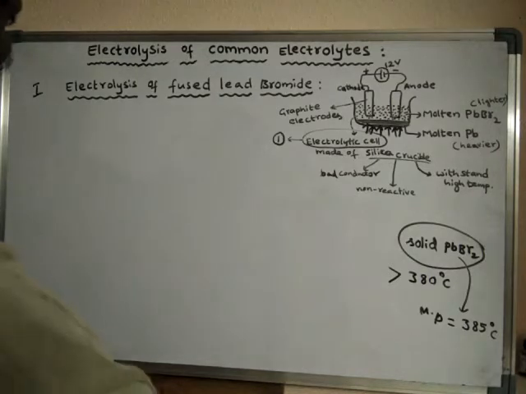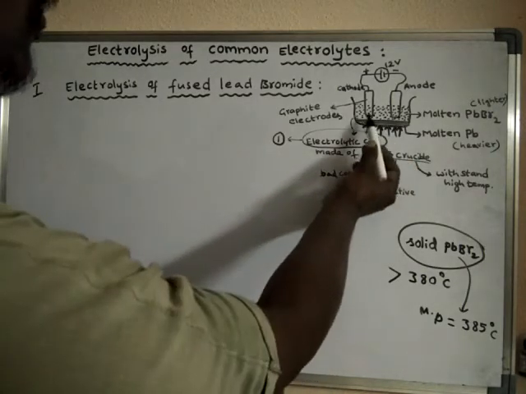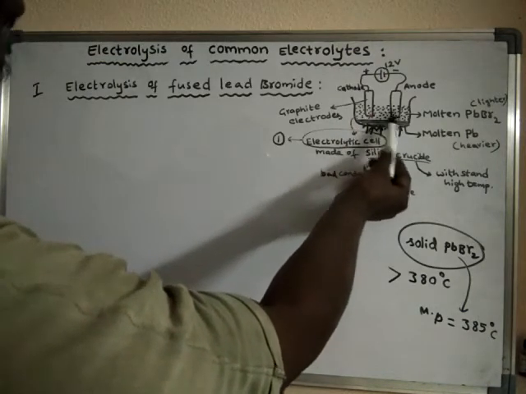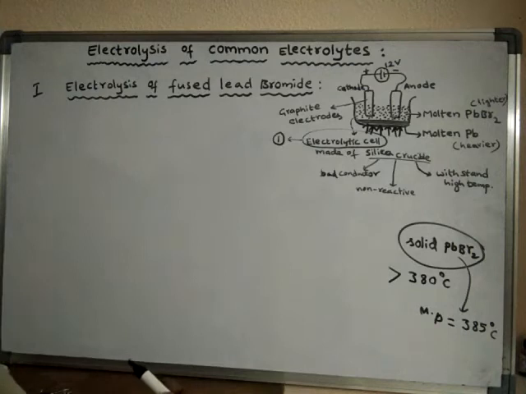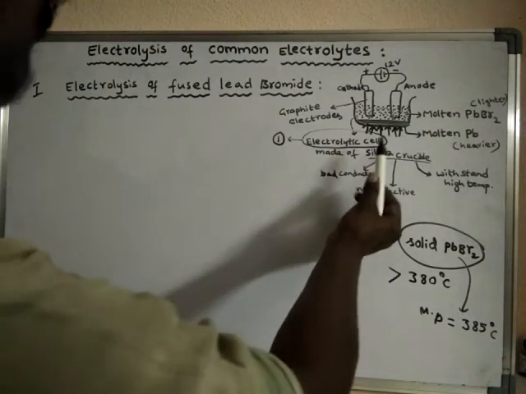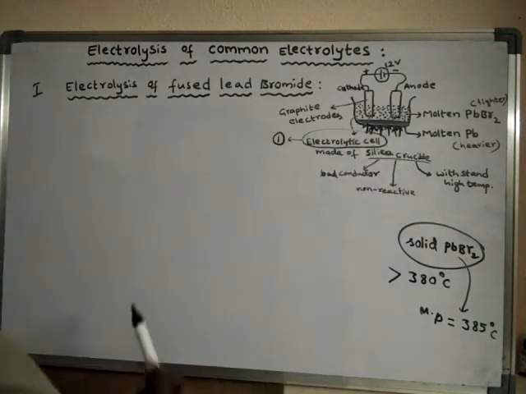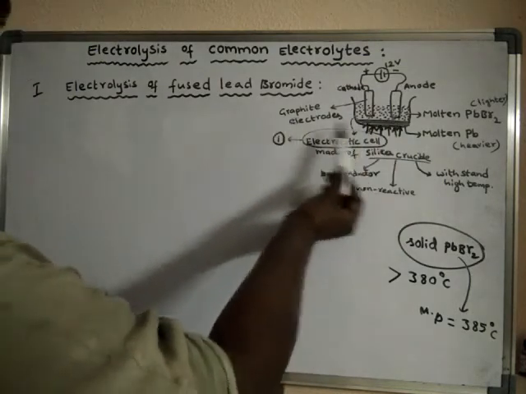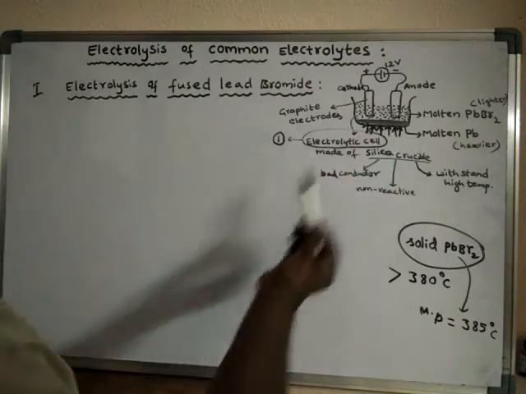Now, into this molten lead bromide, two graphite rods, two electrodes, conducting rods made up of graphite, are introduced.